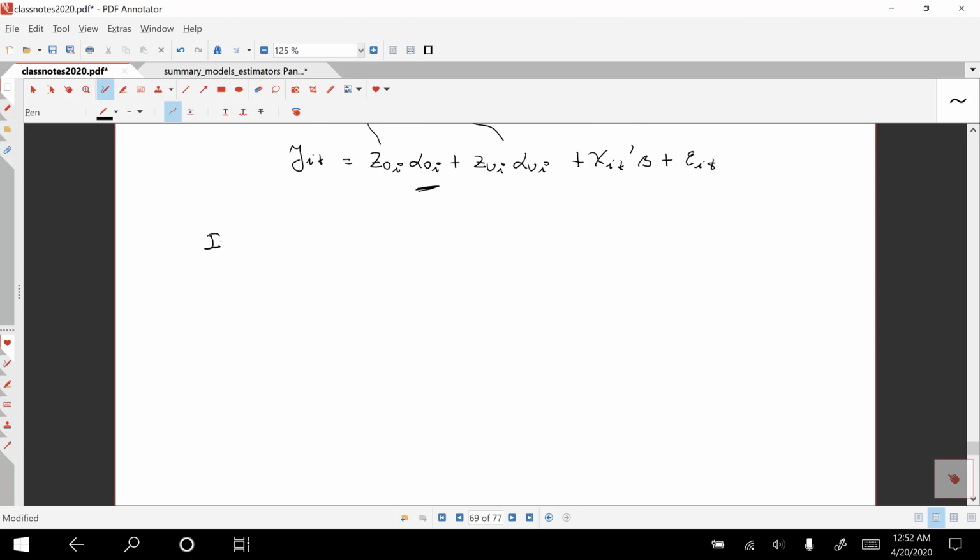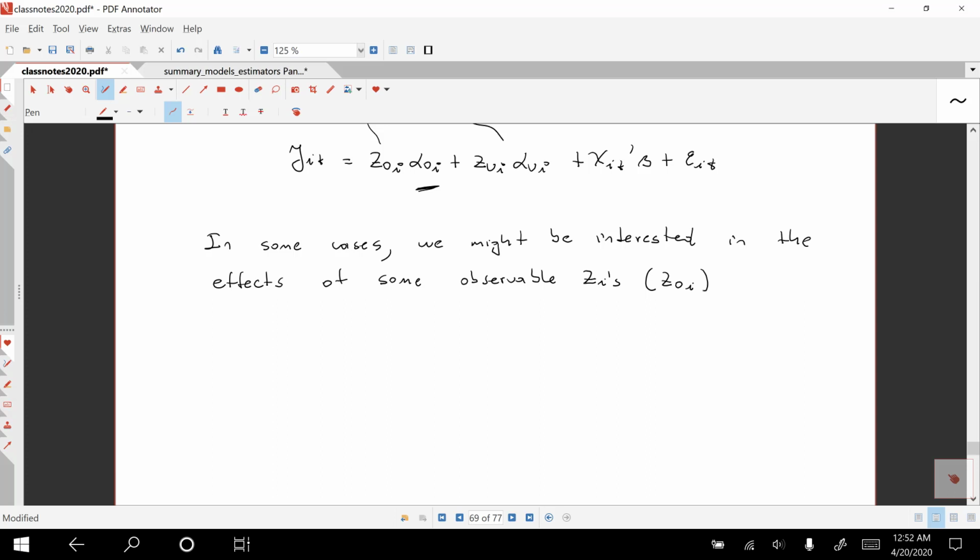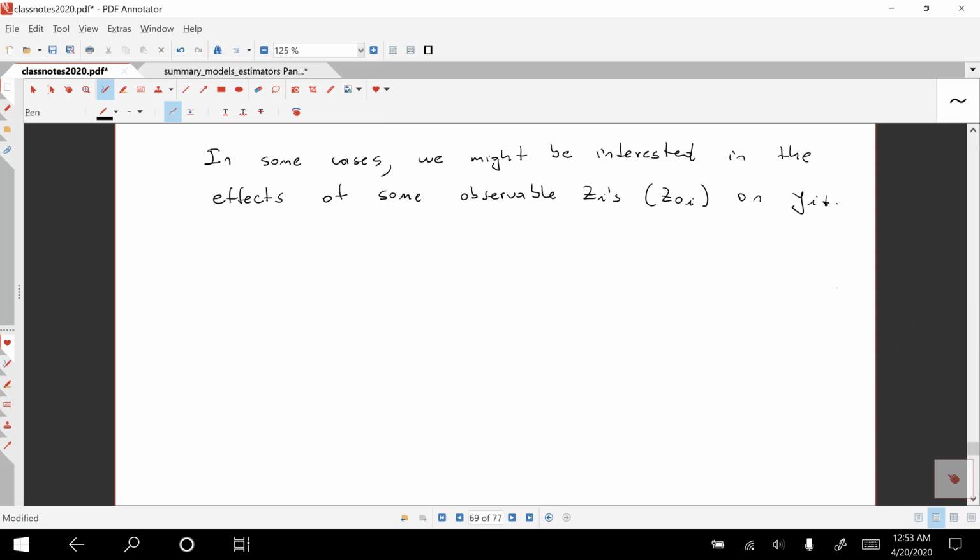So I'm going to write that note here. In some cases we might be interested in the effects of some observable Z_i's, which are observed on y_it.